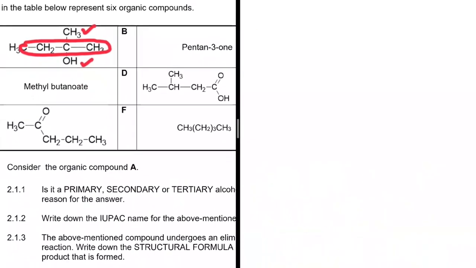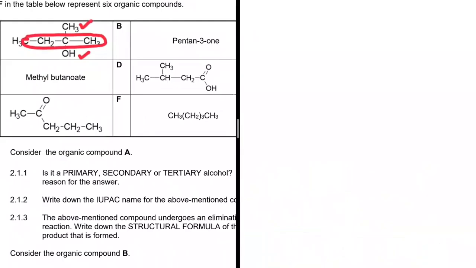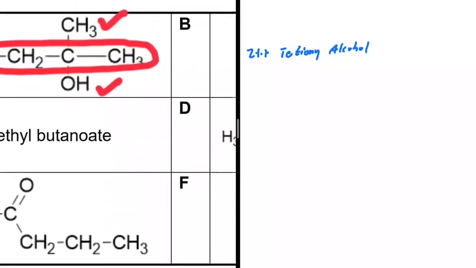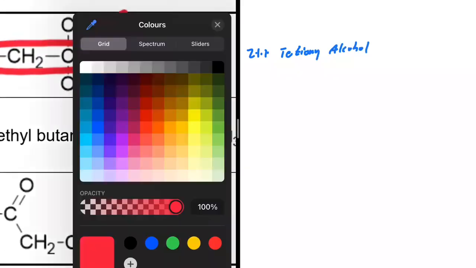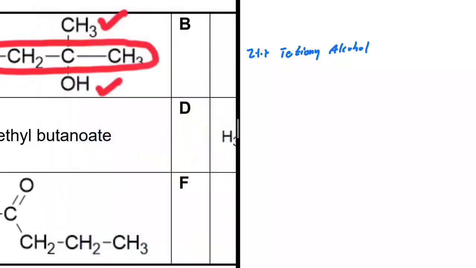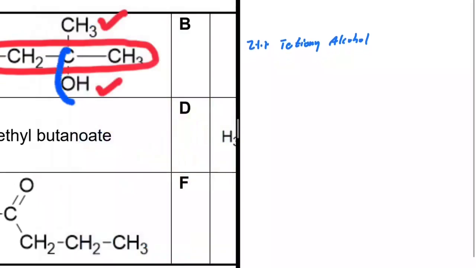Let's go back to the question. Is it a primary, secondary, or tertiary alcohol? Well, this is a tertiary alcohol. Let me write that down first and then explain why I'm saying so. Why do we say that it is a tertiary alcohol? Take a look at this carbon that is bonded to OH.